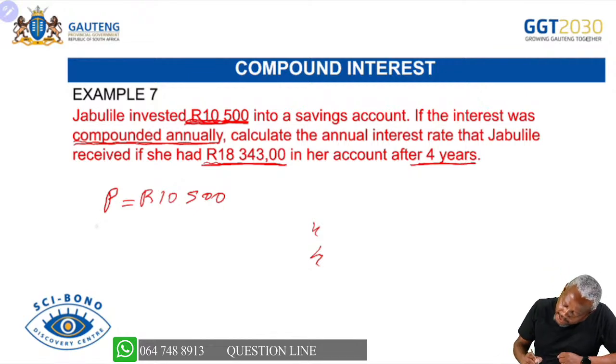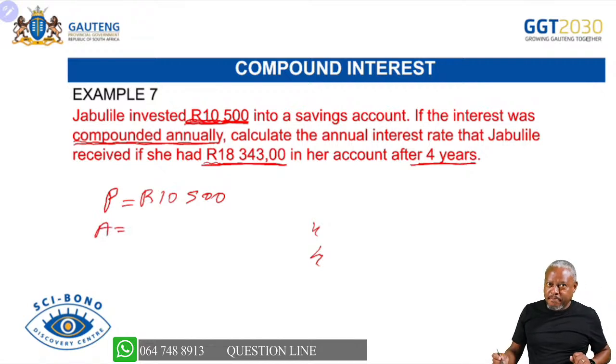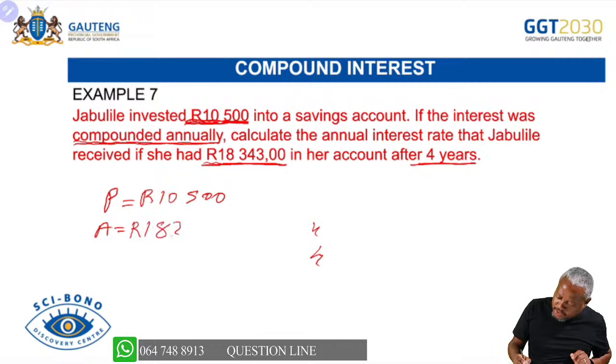What is your A? Remember, P stands for the principal amount, the original amount. She had 10,500. Now, the final amount is this one, 18,343. For how long? That stands for n, for 4 years.